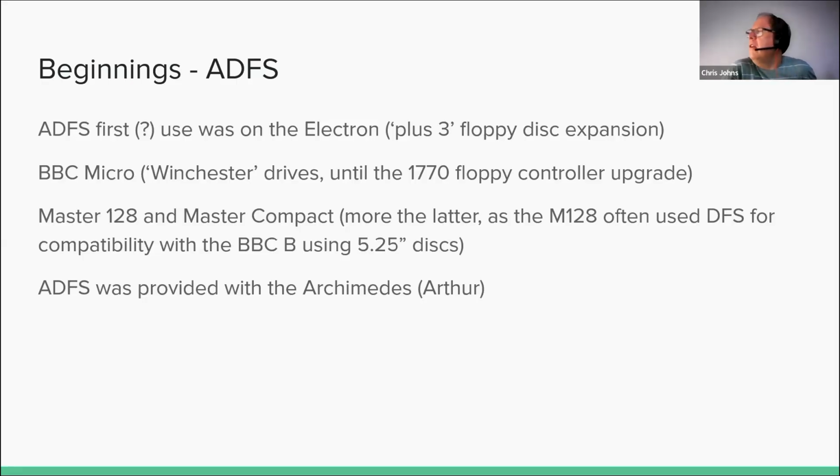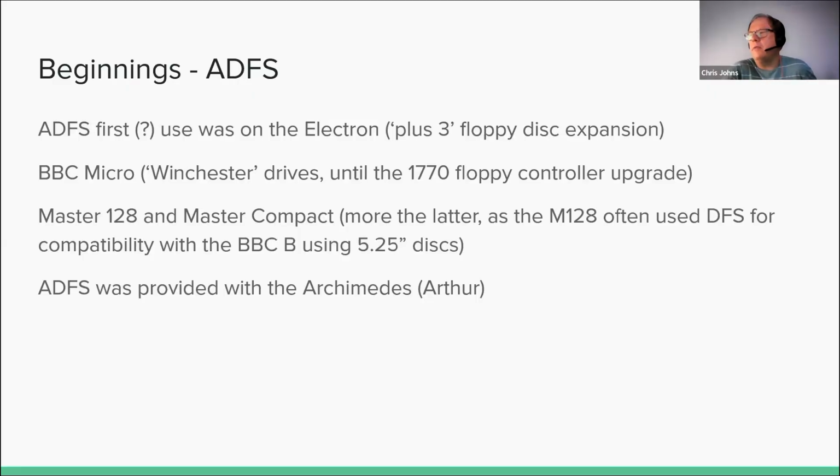My notes here say, initially you could get ADFS on the Electron if you're rich, and on the BBC if you're very, very rich, because hard drives at the time were really expensive. The Master 128 and Compact also included ADFS. I get the feeling that the Master Compact used it more.